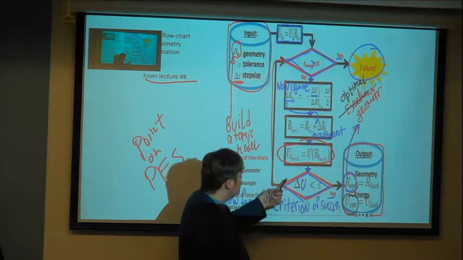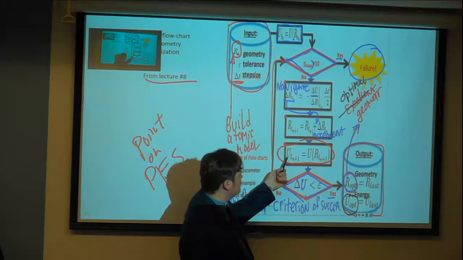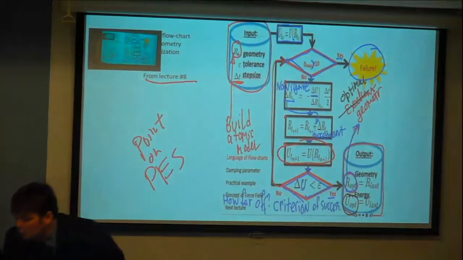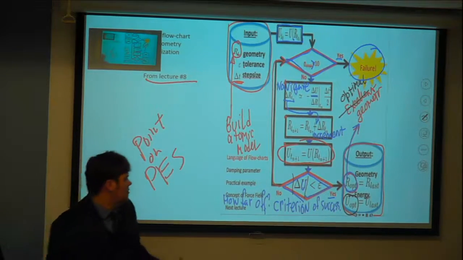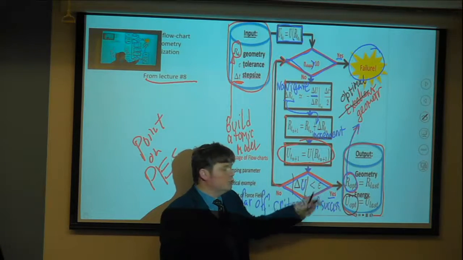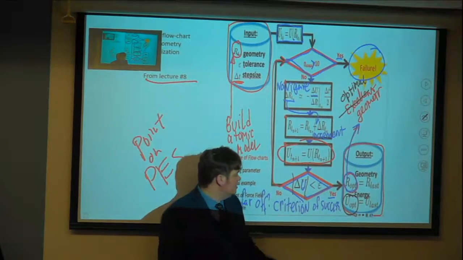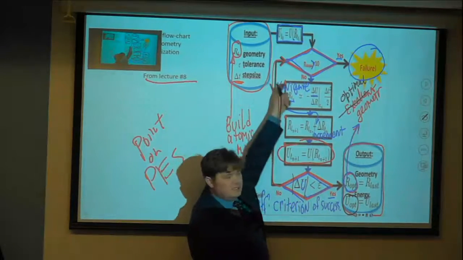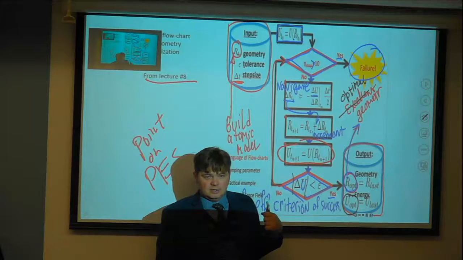And then we inspect if the new value of potential minus old value of potential, absolute value, is smaller than the tolerance limit. If yes, we have achieved optimization. If no, we continue the optimization.